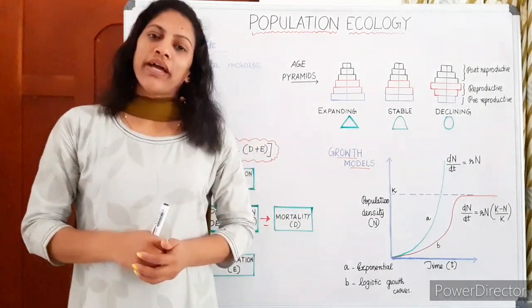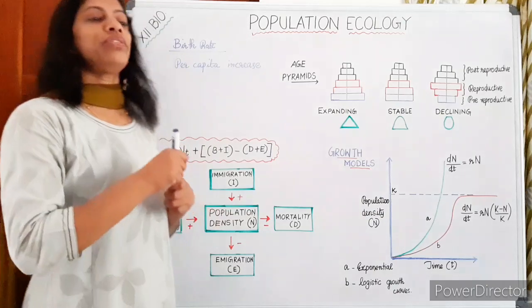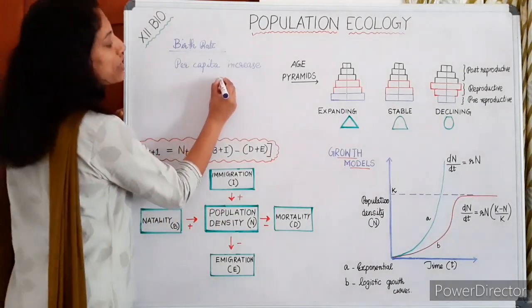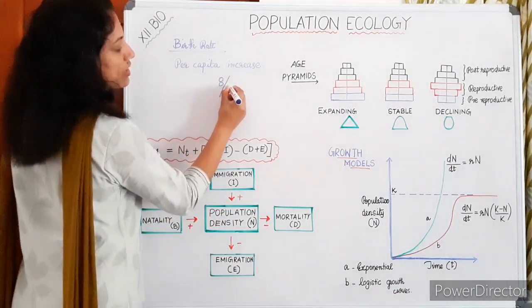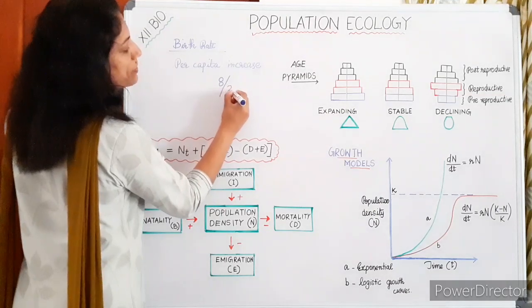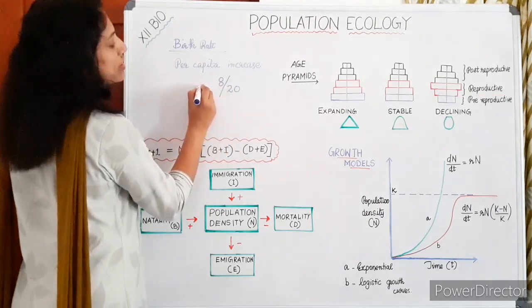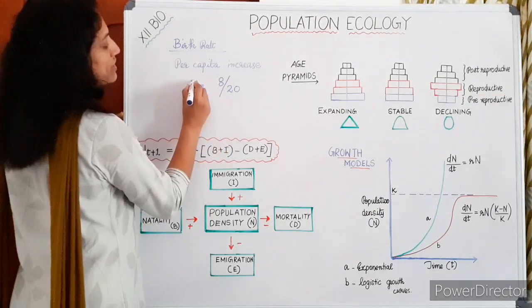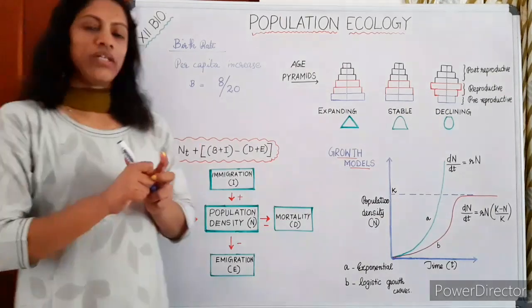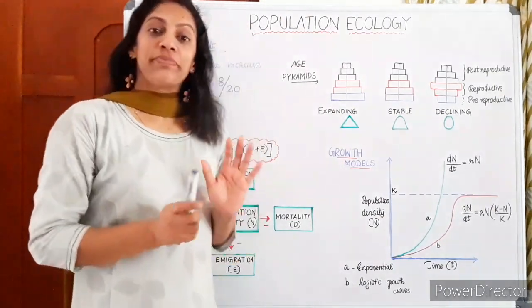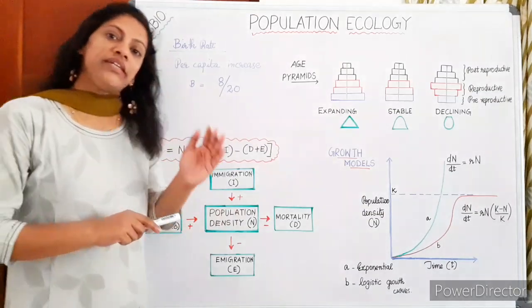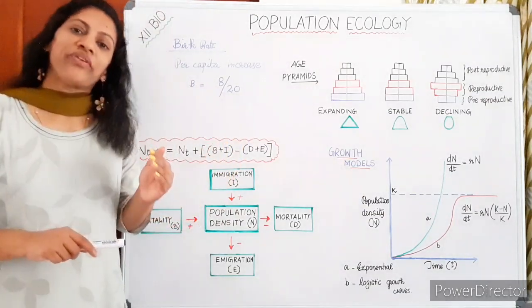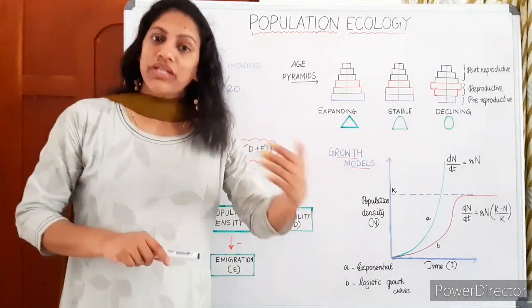Just keep in mind, the birth rate is calculated as the increase per total. How many increased per total? The birth rate is represented as B. It is the number of individuals added to the total.